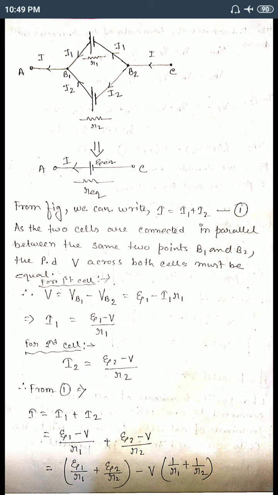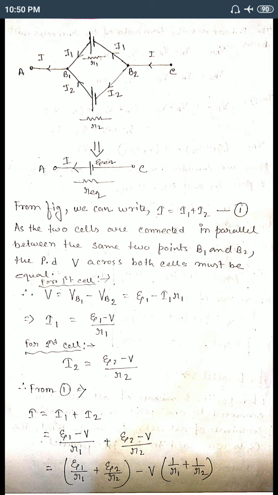After passing the common points, after B1, these two currents are added together and we get the total current I. So from this figure, I equals I1 plus I2. This is equation number 1. And these two cells have internal resistances R1 and R2. So for the first cell, what can we write? The potential V equals VB1 minus VB2.